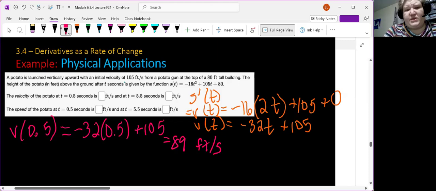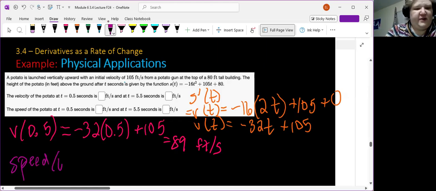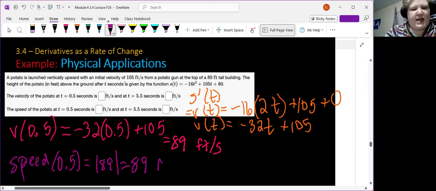And notice they actually wrote the units here. This is very much like screenshots straight out of WebWork, or at least past WebWork. I don't know if it'll be like this in current WebWork. So our speed at 0.5 seconds is the absolute value of 89, which is still 89 feet per second. And after half a second, yeah, it's probably still going up.